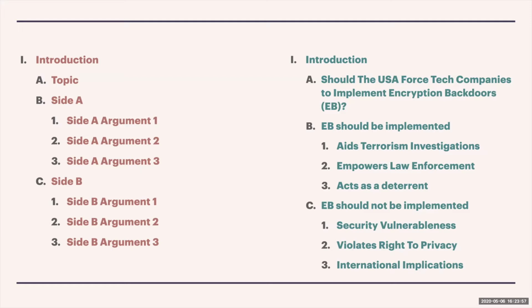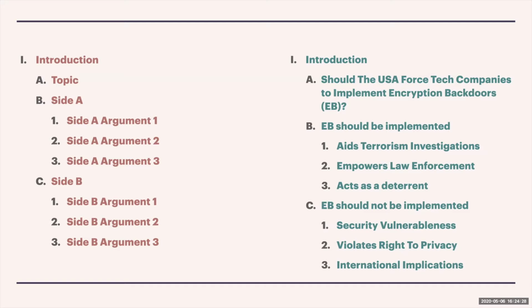So just so you know, there are those who think that encryption backdoors should be implemented because they argue it aids in terrorism investigations, empowers law enforcement, and acts as a deterrent. There are those who argue that encryption backdoors should not be implemented because it opens up security vulnerabilities, it violates the right to privacy, and causes international implications towards human rights activists and political dissidents.